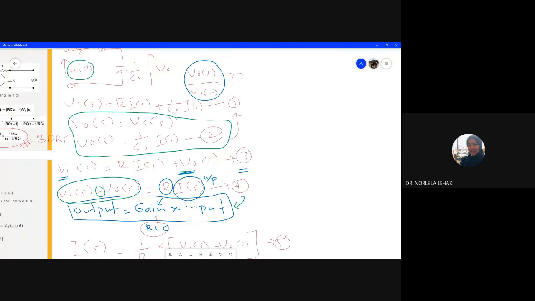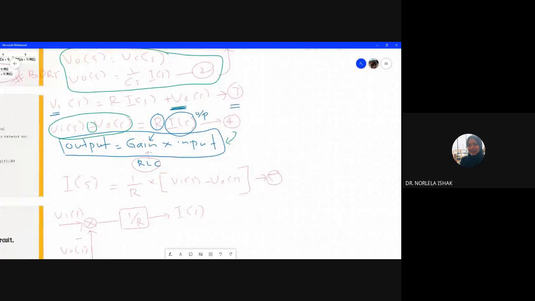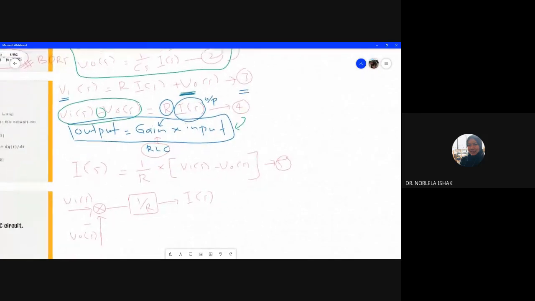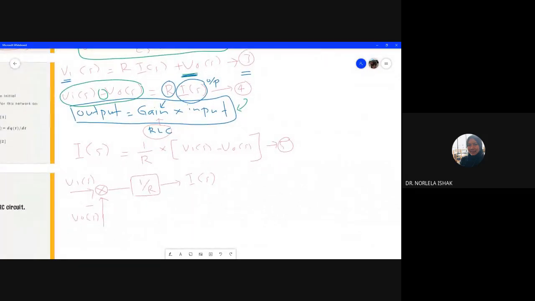After we finish equation number 5, you have to find out where is the equation related to this one. You have to come back to your list of equations and find which one includes current and voltage just now.